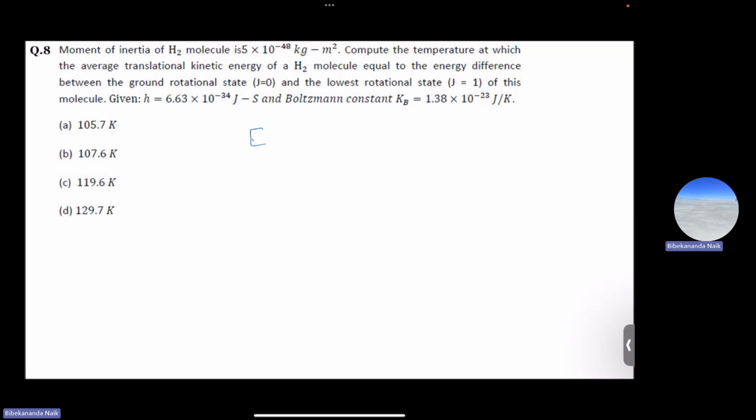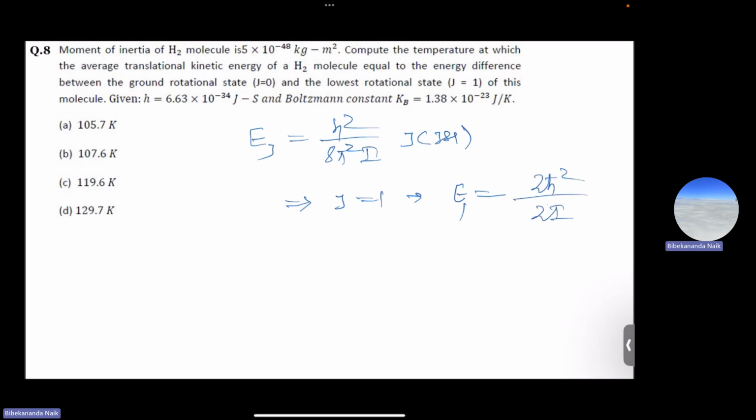So we know E_J is h square by 8 pi square I into J into J plus 1. Then for J equals to 1, E1 will be 2 h cross square divided by 2I.